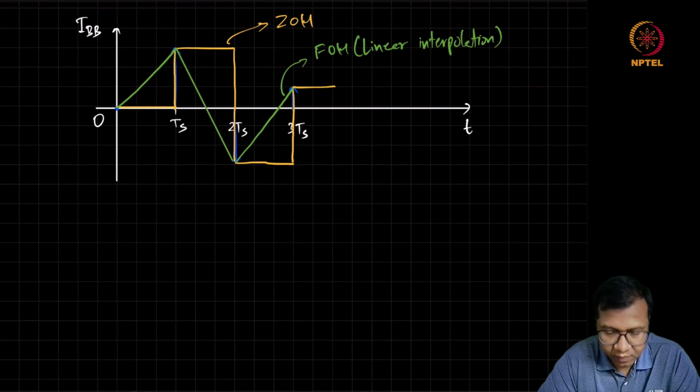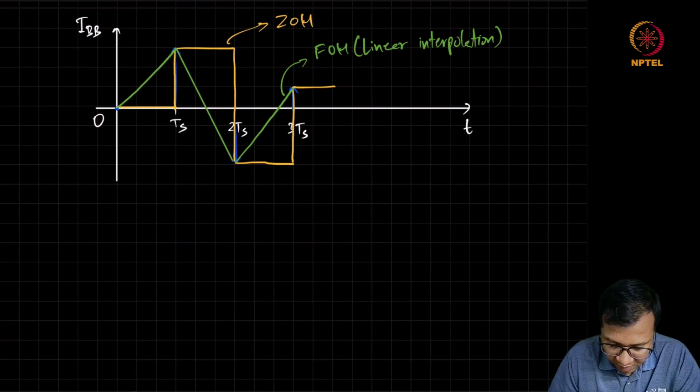So what we can do is an approximation to the linear interpolation, where if we want to interpolate between the two digital samples, for example like this, ideally we may want to do a straight line interpolation in between these 2 points.